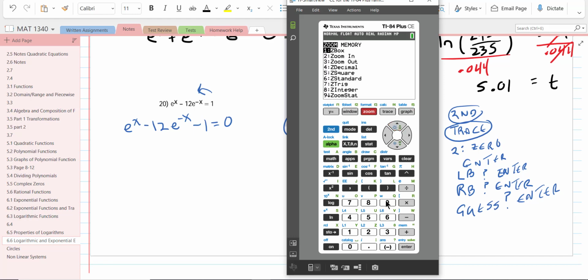Okay, Charles' graph kind of looked like this when you put it in.